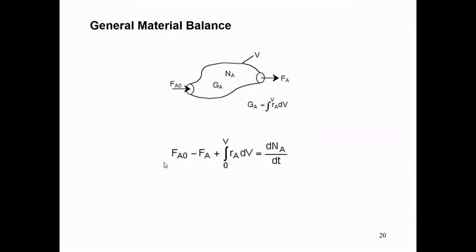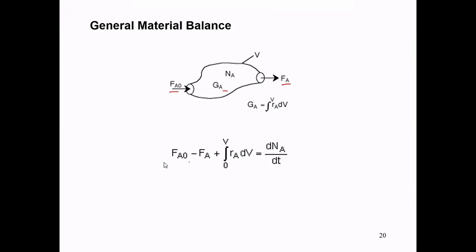And this is the general material balance in a batch reactor. So typically, for the general material balance, imagine this is inside the reactor. Supposedly, you will have an input. This input is equal to the output plus reaction plus accumulation.